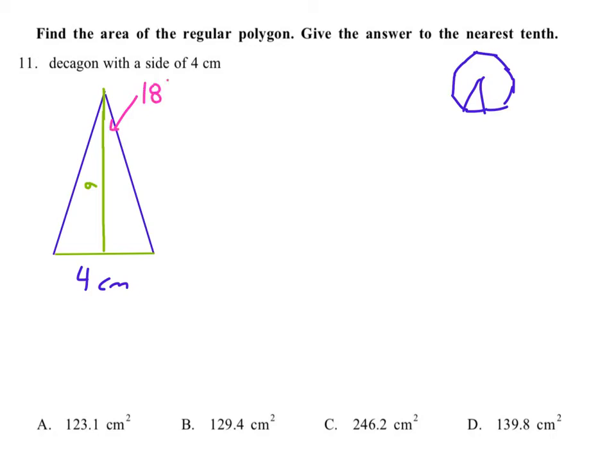Half of 36 is 18. And then we're only talking about one side of the bottom here, so that'll be 2 centimeters. Okay. So we've got this kind of half triangle here, like that.